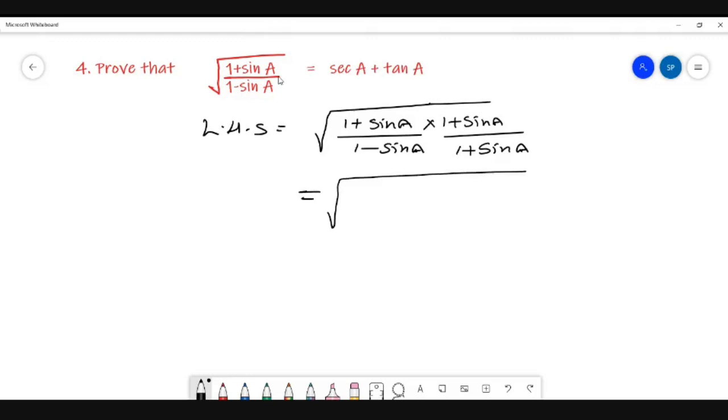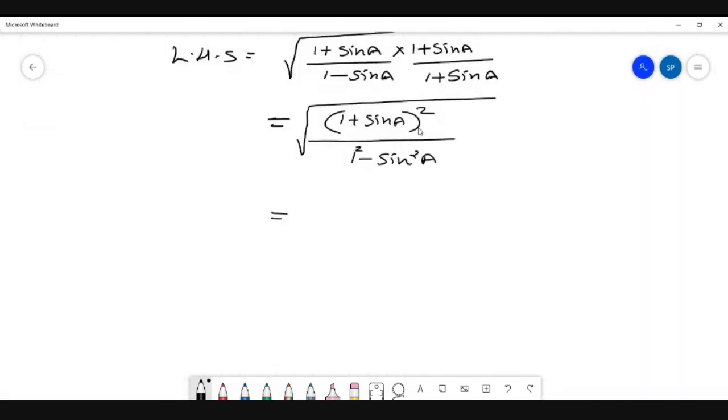Now it is root of 1 plus sin A into 1 plus sin A is 1 plus sin A the whole square, divided by A minus B into A plus B, that is A square minus B square, 1 square minus sin square A. The square root of the numerator divided by square root of the denominator, which is 1 minus sin square A. What is 1 minus sin square A?